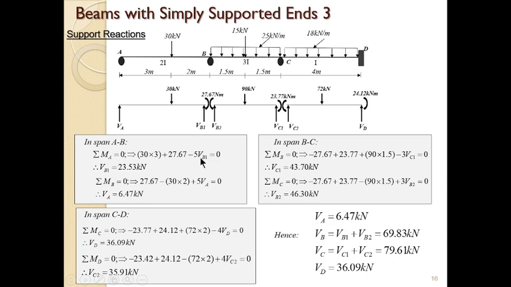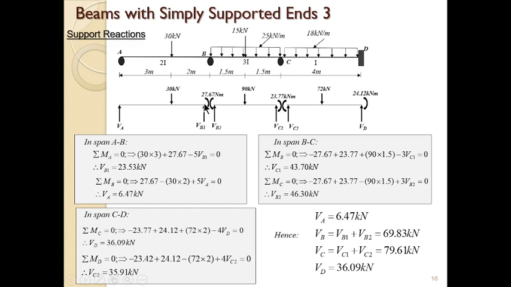Because it is anti-clockwise, that is why it is minus. So VB1 times 5, the distance from the load to where you are taking moment. We equate the whole of them to 0. The only unknown here is VB1.